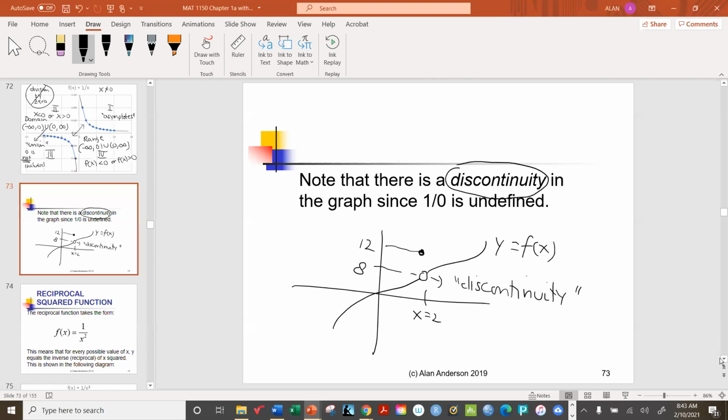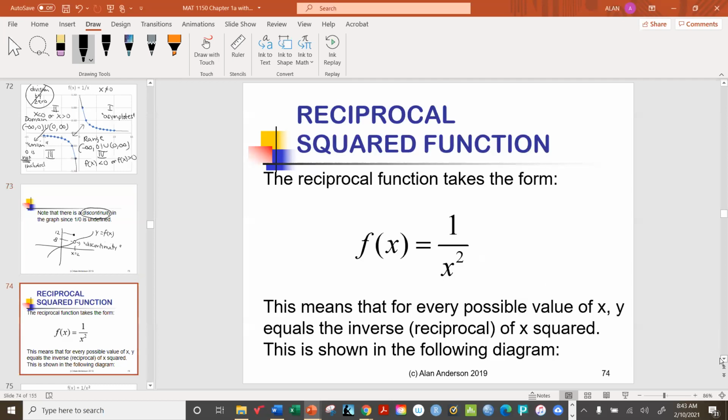All right, well, anyway, now the next one is an extension of this one. It's 1 over x squared. We call that the reciprocal squared function. Now, this one is a little different because all of a sudden, no matter what numbers we plug into this, y can never be negative. Okay, so it's going to change the shape in a very important way.